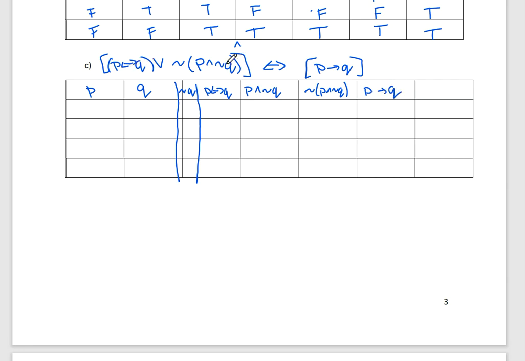Right? We have our not Q, P biconditional with Q, not P and not Q, not P and not Q. Oh, we need everything together on our left-hand side. Yeah, I skipped a couple things in here.